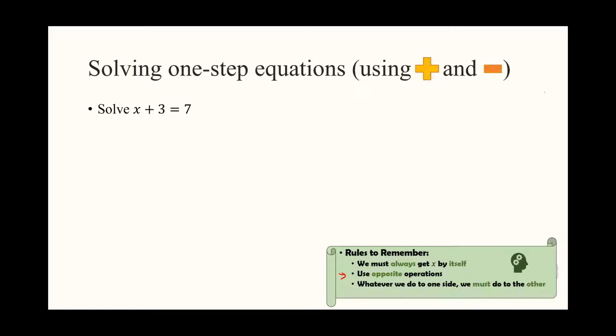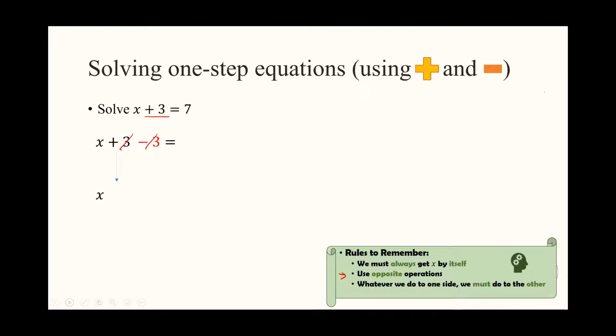So all this means is that on the side where x is, we also have this plus 3. Now we have to do the opposite of plus 3, so that x then is by itself. So we also subtract 3. Now 3 minus 3 cancels to 0, and that leaves x by itself.